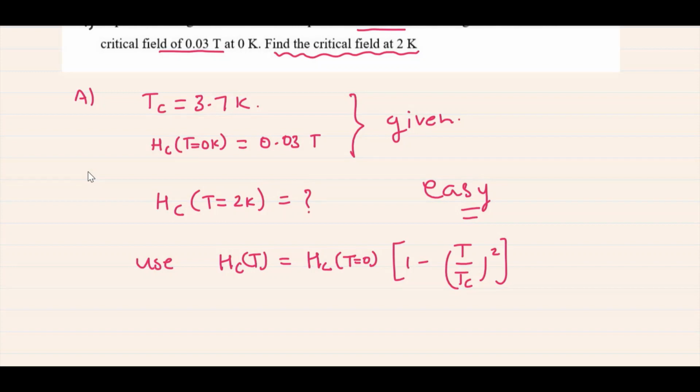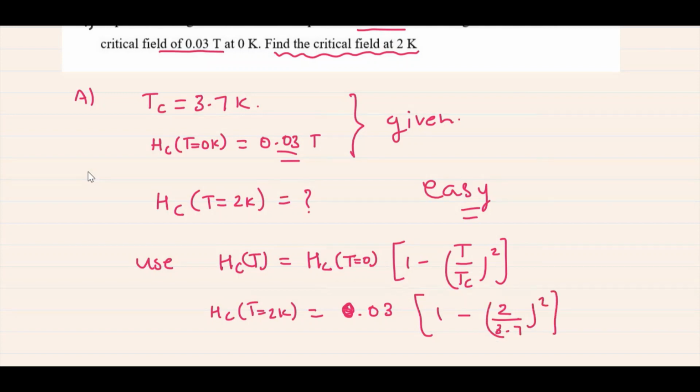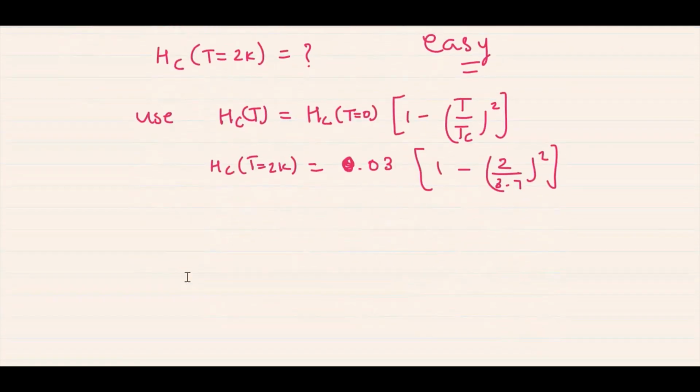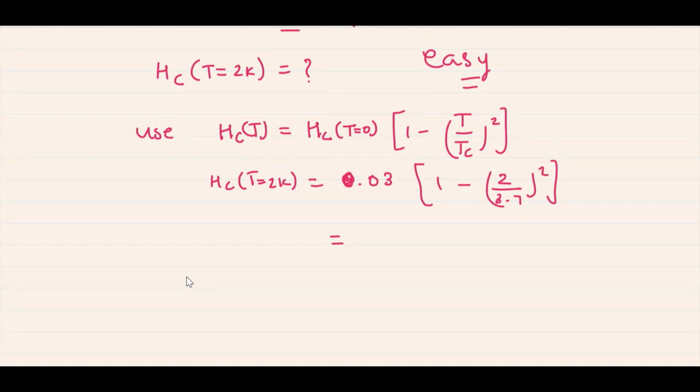So we put the values: Hc at T equal to 2 Kelvin is equal to Hc at T equal to 0, which is 0.03, into 1 minus T, where T is 2, 2 by Tc, which is given as 3.7, whole square. Do this. We get 0.021 Tesla. This is the required solution.